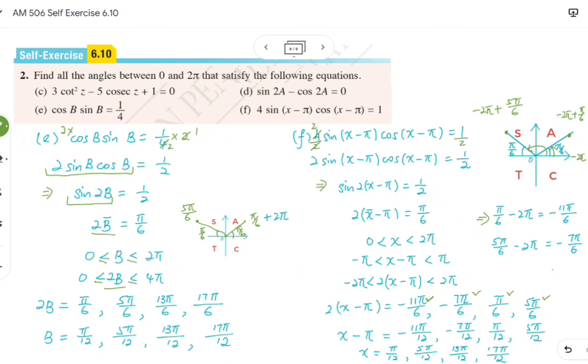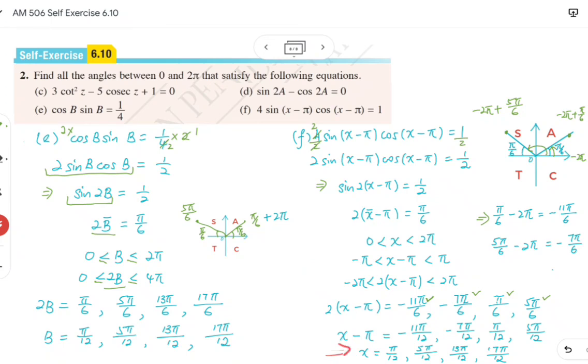So if we divide everything by 2, we get x minus pi equals negative 11 pi over 12, negative 7 pi over 12, pi over 12, and 5 pi over 12. And we want x. Therefore, we move the negative pi to the right hand side, so we add pi to each of these angles. We get pi over 12, 5 pi over 12, 13 pi over 12, and 17 pi over 12.